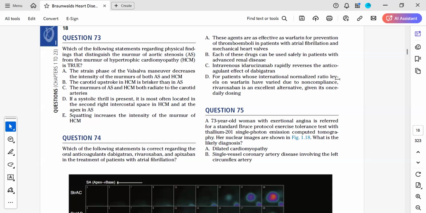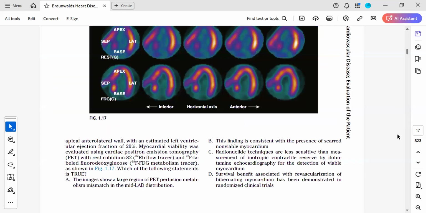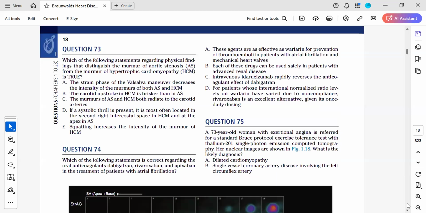All right. Which of the following statements is correct regarding the oral anticoagulants dabigatran, rivaroxaban, and apixaban in the treatment of AFib? A, these agents are as effective as warfarin for prevention of thromboemboli in patients with AFib and mechanical valves.